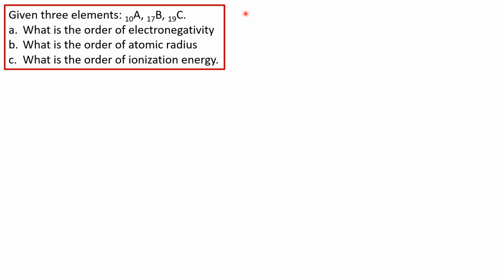Now we have to write down the electron configuration, and then we're going to do the next step. But first, okay, we have 10 protons equals 10 electrons.